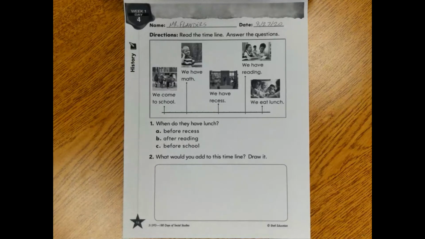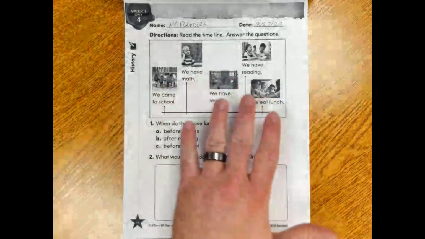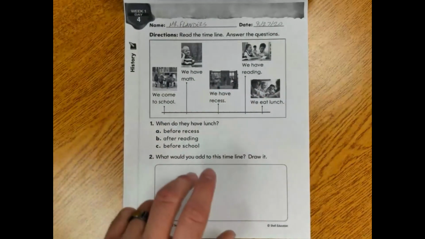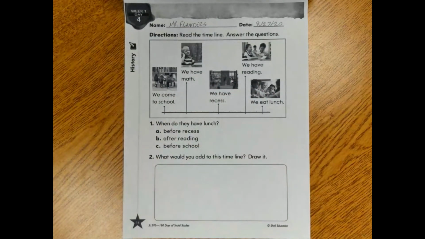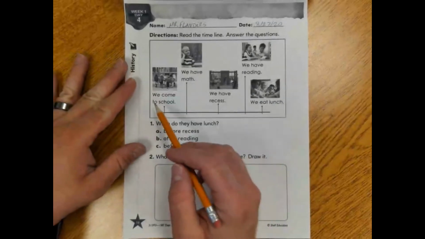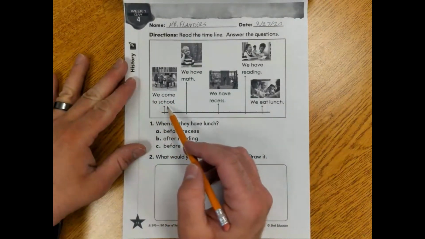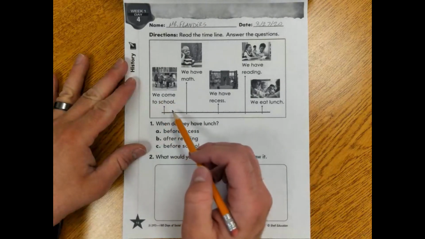So, with that explanation done, we're going to look at our timeline here, answer this first question, and then talk about the second question. Let's go over our timeline. The first spot says, we come to school. So that's what happens first.